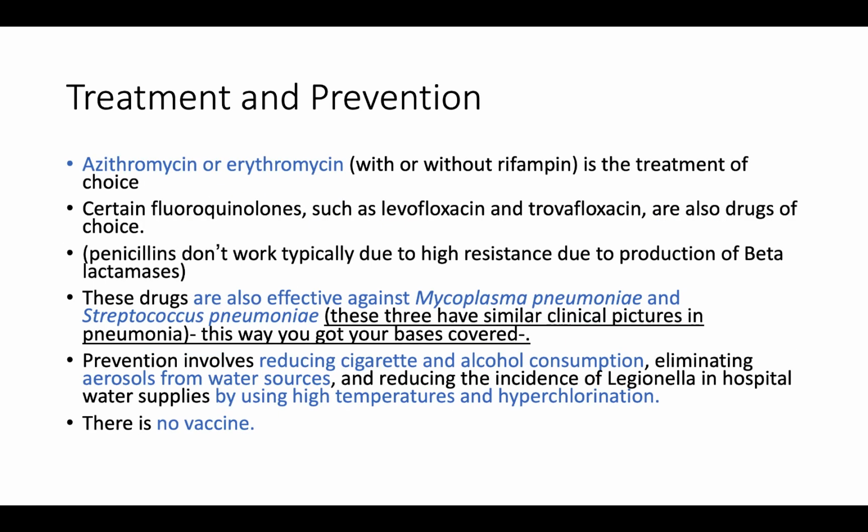Treatment and prevention: again azithromycin, erythromycin. You will see azithromycin, Zithromax, given a lot in pneumonia cases. If during your own practice you have a patient with cough, fever, feeling tired, with sputum that might be productive, might be discolored, you are prescribing for example for an upper respiratory tract infection.